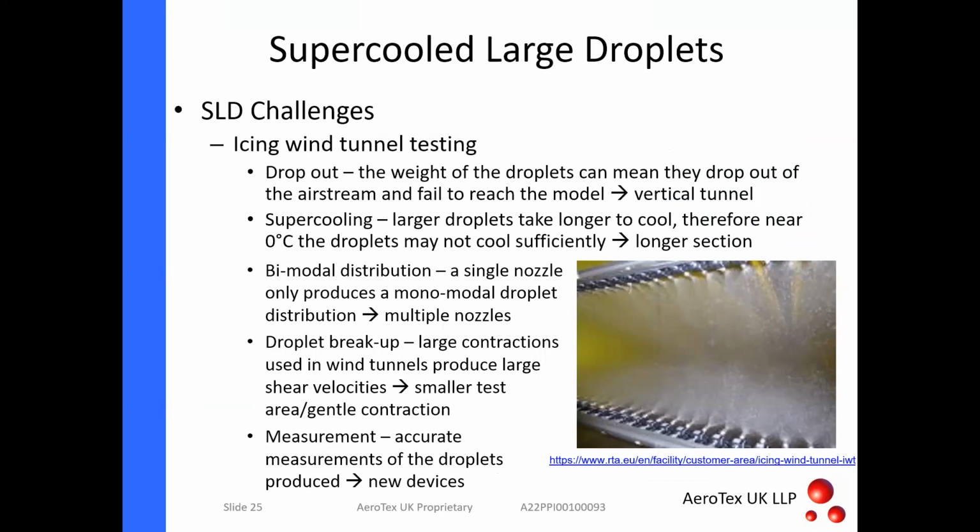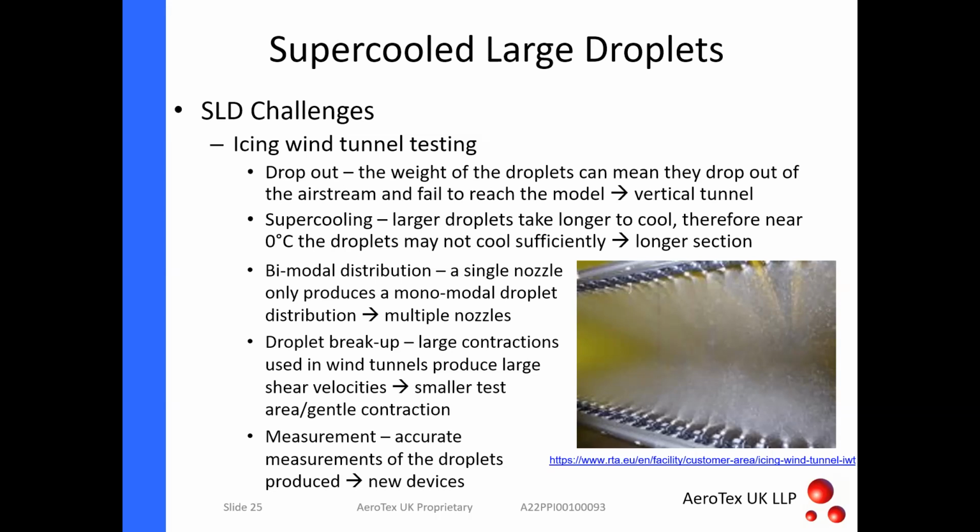What they have to do is alternate the nozzles with different settings for each one to try and replicate these conditions. Of course, it takes a lot of variations of water pressure and air pressure to get as close as possible. There's also droplet breakup. These are very large droplets, so as they go through the contraction in the icing wind tunnel, which is typically around 20:1, it can actually shear the droplets and break them up.